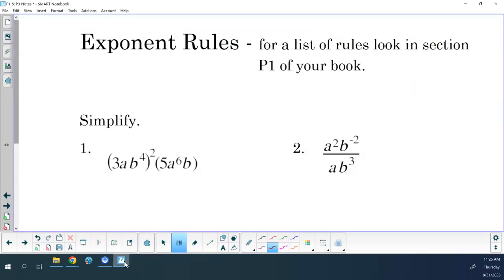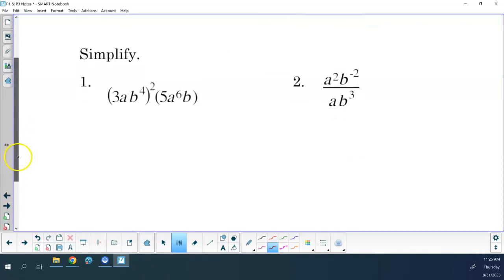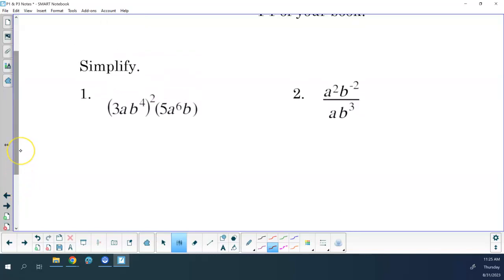If I wanted to simplify these, maybe I can't get them all at once, we'll just do them 2 at a time. If I wanted to do these 4, the first thing I would do is look at these 2 separately. So I've got 3ab to the 4th power, all of that squared.